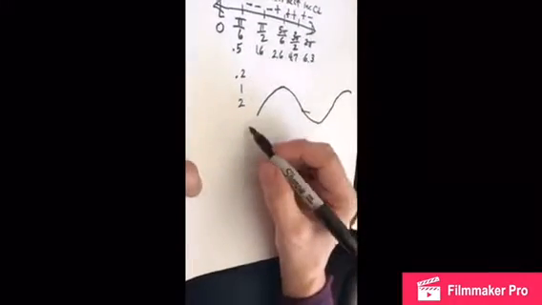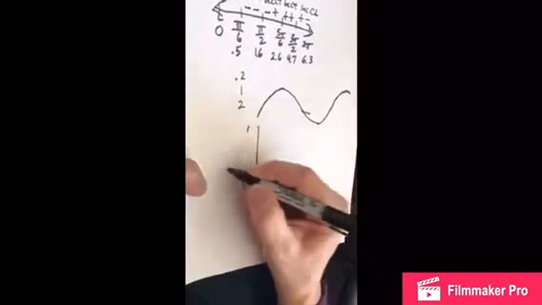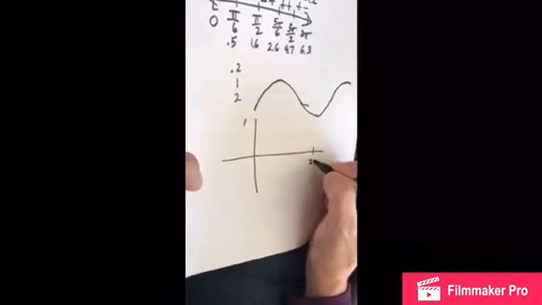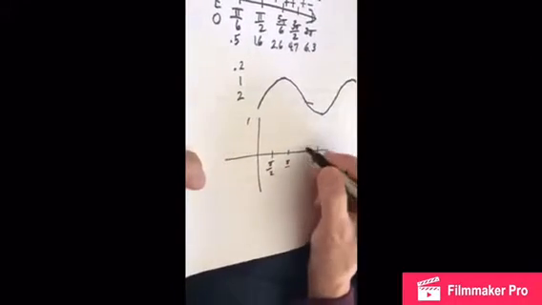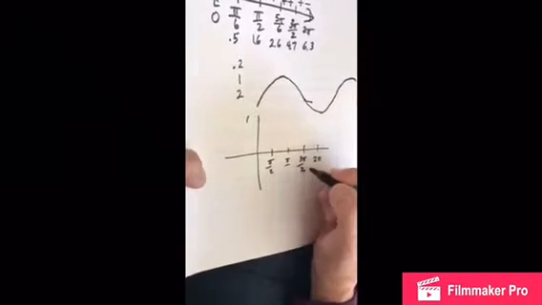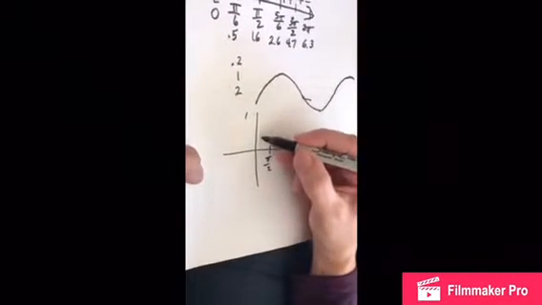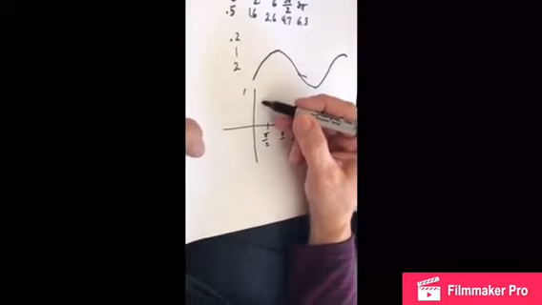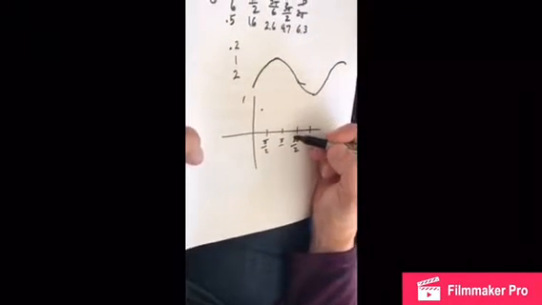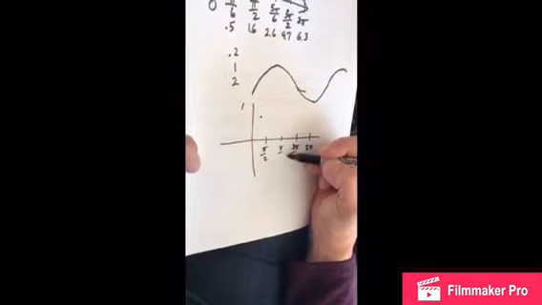So we already know that if I graph this as a trig function to 2 pi, we know we have a maximum at pi over 6, so somewhere in here we have a maximum. And then we have a minimum at 5 pi over 6, so somewhere over here we have a minimum, okay?